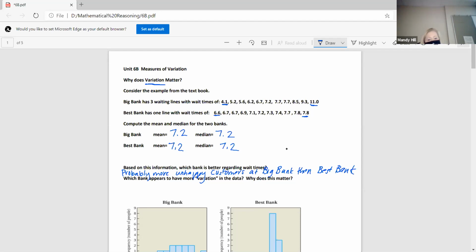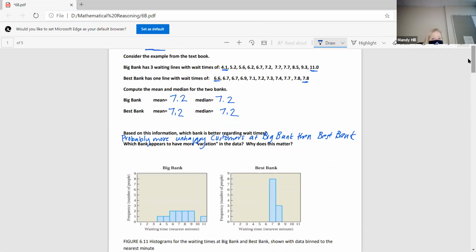So even though we've got the same mean and the same median, we're going to have to look at customer service. We're going to have to look at the variation of times. And this is what these 2 charts down here show. They've graphed the amount of people that waited 4 minutes, 5 minutes, 6 minutes, and we've even got one that had to wait 11 minutes.